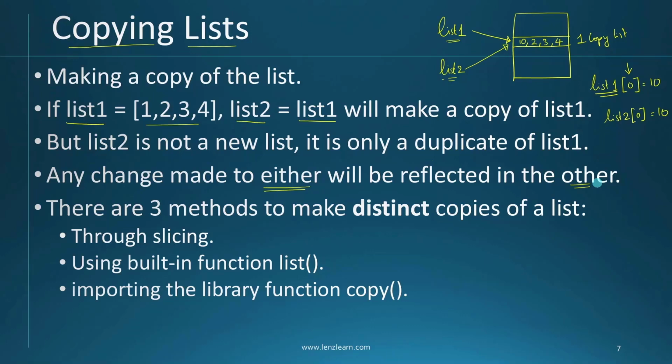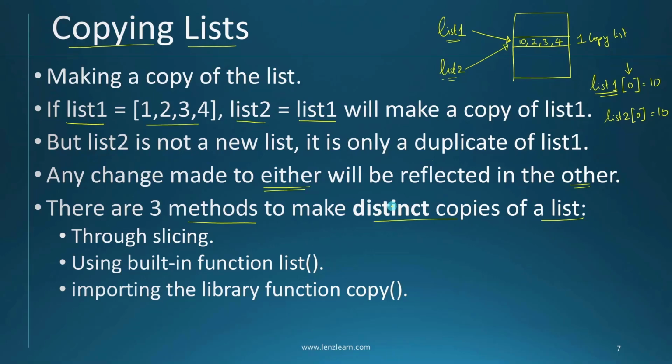But when you write your Python programs, you will have some special situations in which you actually want to separate this list into two different lists in the memory itself, so that any change I make to list 2 will not affect list 1, and any change I make to list 1 will not affect list 2. So how to do that? Inside Python there are three methods to make distinct copies of a list.